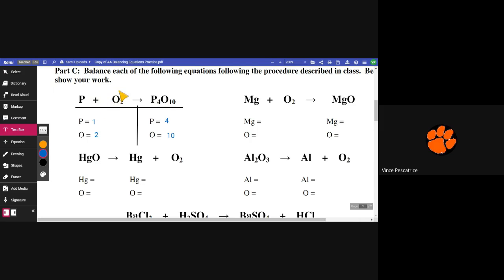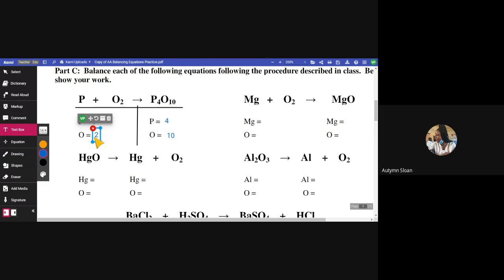So if I put something on O, it's not going to affect P. So what you want to do is look first for things that are multiples of each other. 1 and 4 are multiples of each other, but they're multiples of 1. 2 and 10 are multiples of each other, but there's not 1. So what do you multiply the lower number by to get to the higher number? That's where you start.